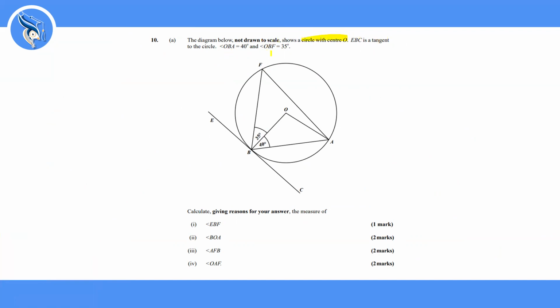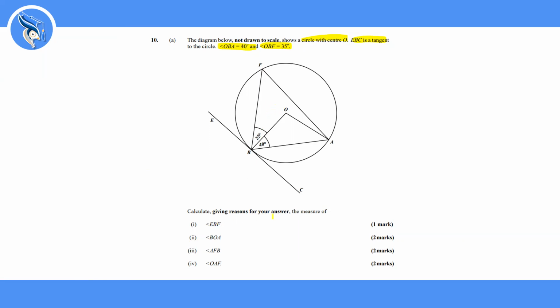So circle with the center O, so it's labeled O. EBC is a tangent, right out here. And angle OBA is 40 degrees, and OBF is 35 degrees. 35. All right.